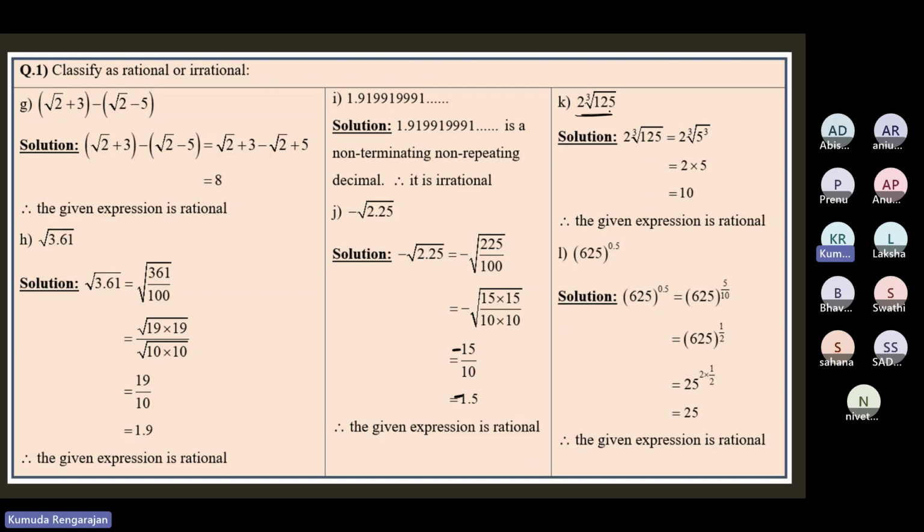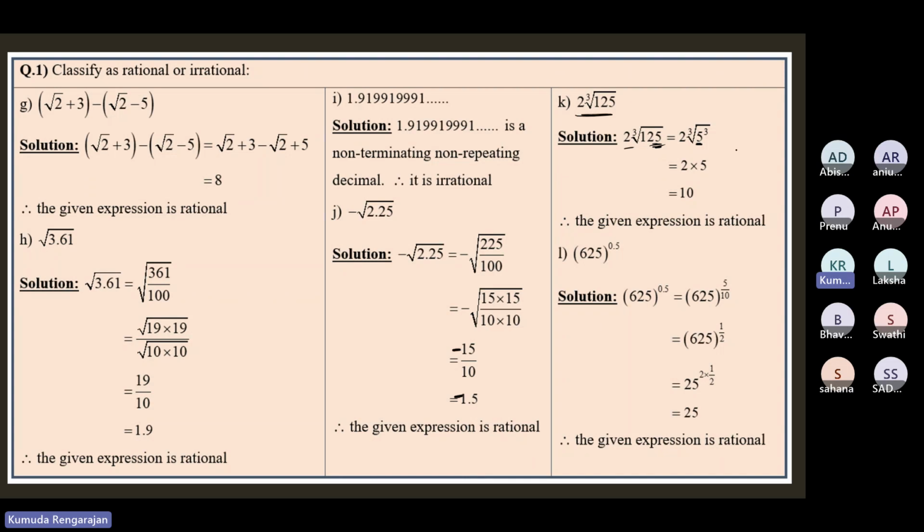So what is this? 2 into cube root of 125. 125 can be written as 5 cubed, so the cube root of 5 cubed is 5. Under the cube root it is 5 into 5 into 5, so from 3 5s, 1 5 comes out. 2 5s are 10.